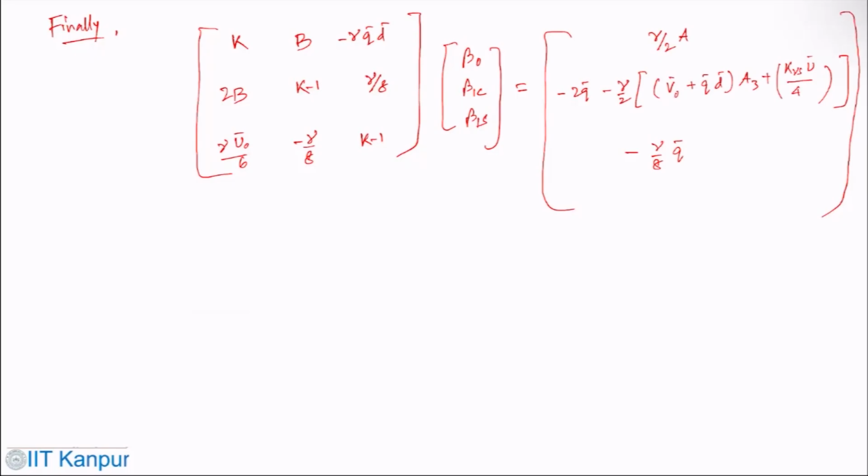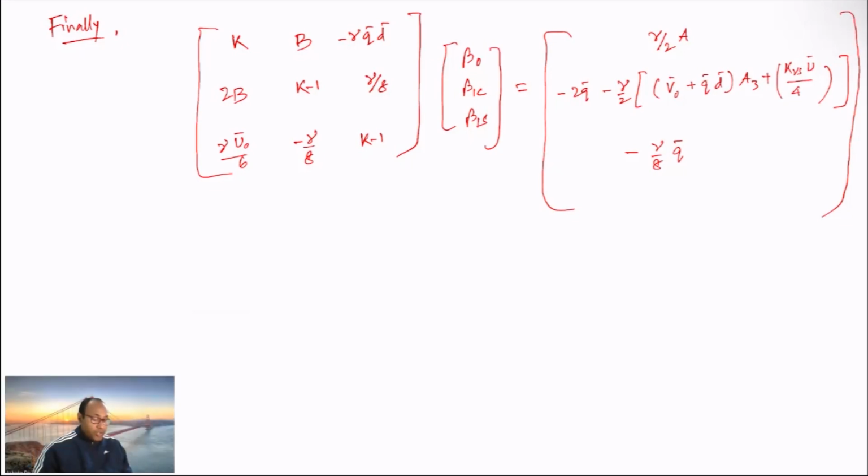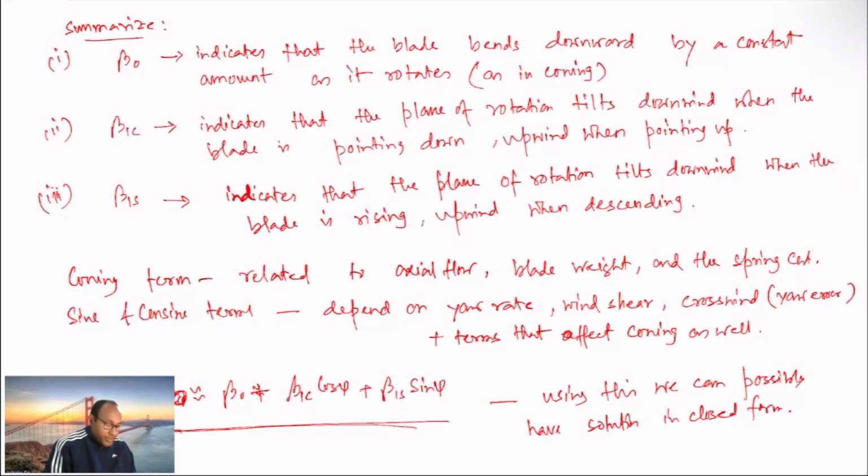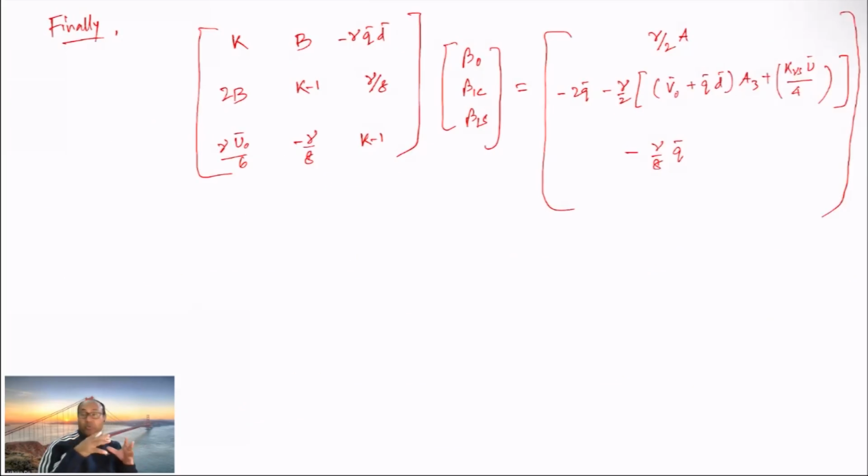So now this is more like a generic form of the solution. Once we say that beta can be expressed in terms of beta naught, beta 1c and beta 1s, and then take the derivative and put it in the full flapping equation that we have here, collecting the terms and matching the coefficients, we get this system, which is generic in nature.